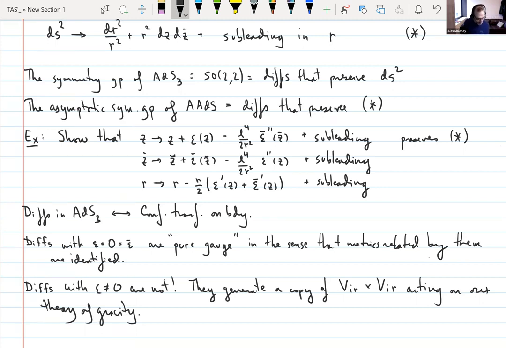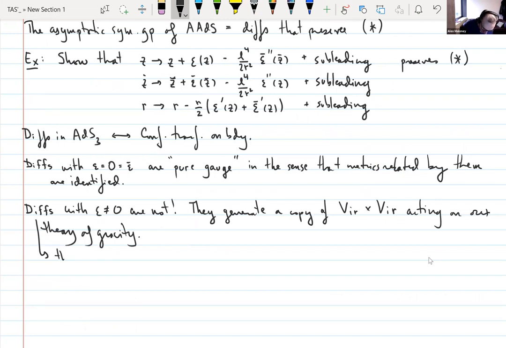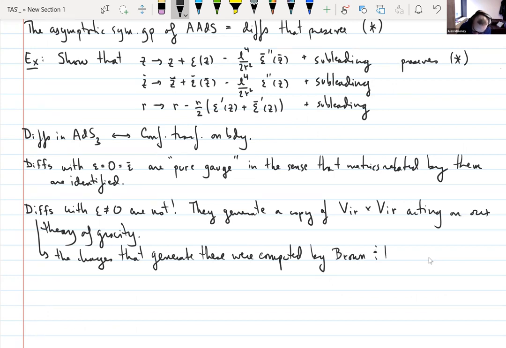Good trick. Okay. Now, how did Brown and Henneaux conclude this? They concluded this by computing the charges associated with these things. They computed them explicitly. So in particular, these charges that generate these were computed explicitly by Brown and Henneaux. And indeed, they defined the set of asymptotic symmetry conditions precisely by the condition that you have charges that are non-zero.